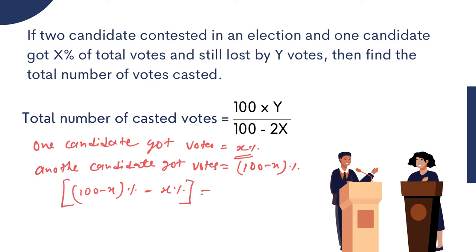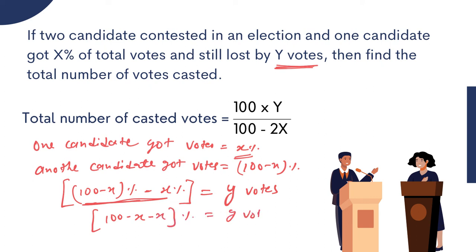So this is equal to Y votes. Why? Because the candidate lost by Y votes. So I can say this is Y votes. When I solve this, I'll get 100 minus 2X percentage equal to Y votes.